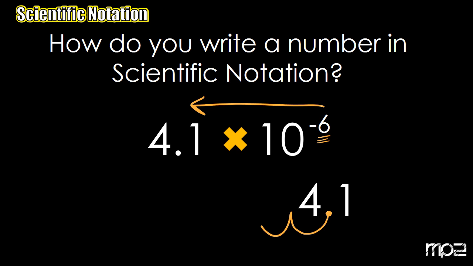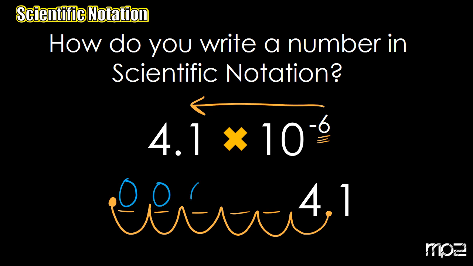I'm going to move it 1, 2, 3, 4, 5, 6 place values and add my decimal this time. And you can see I have a bunch of spaces. In those spaces, I'm going to fill them in with zeros. And then I'm also going to add my leading zero there in the ones place.